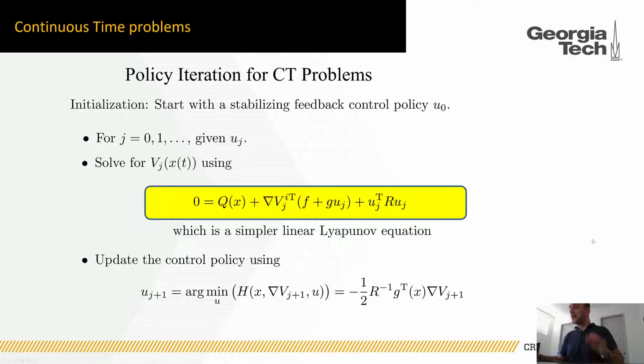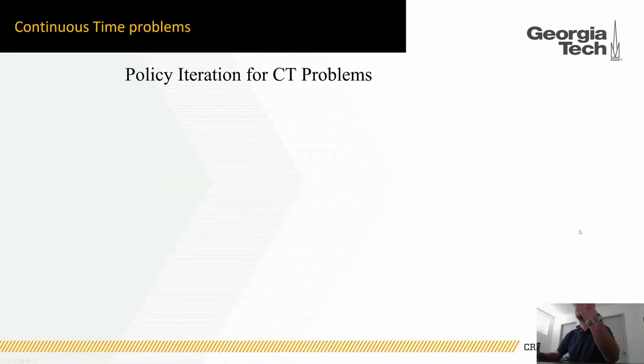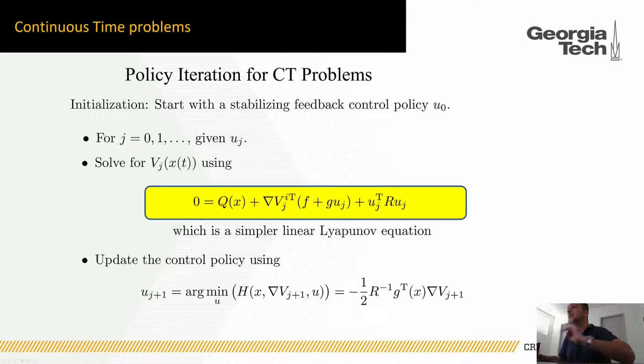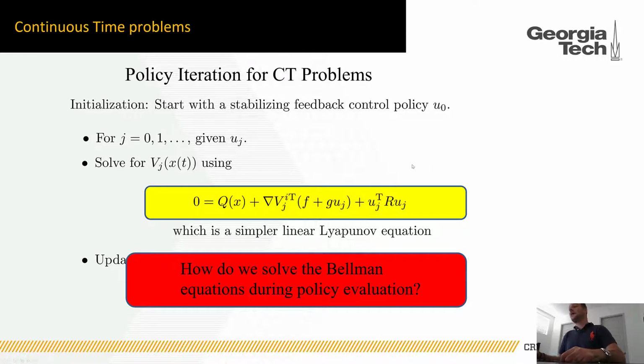This is much easier than solving this partial differential equation, because it reduces to just a simple linear Lyapunov equation. But how do we solve the Bellman equation, which is this one over here, during policy evaluation?